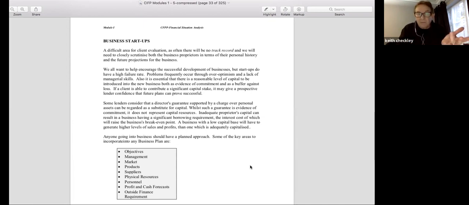So second paragraph, yes, we all want to help encourage successful developments of businesses, but startups do have a high failure rate. Problems frequently occur through over-optimism and the lack of managerial skills. It's good to be optimistic, but you've got to have a reasonable, realistic level of optimism.